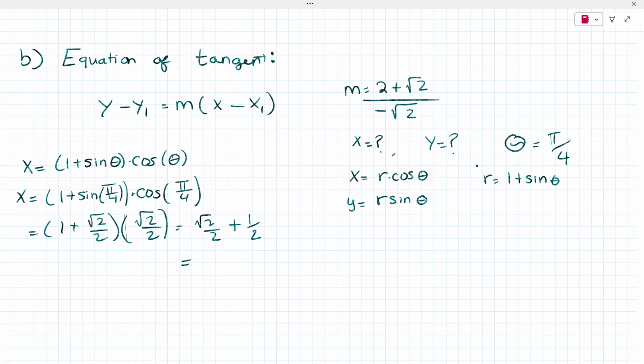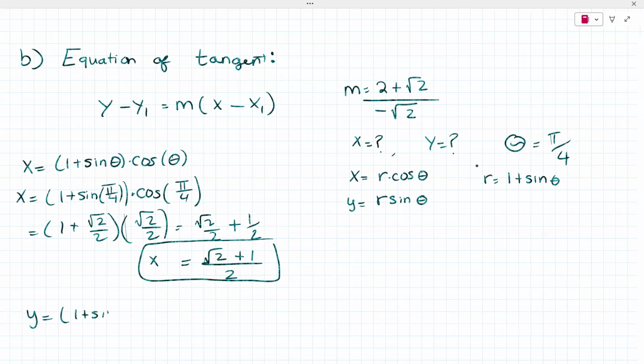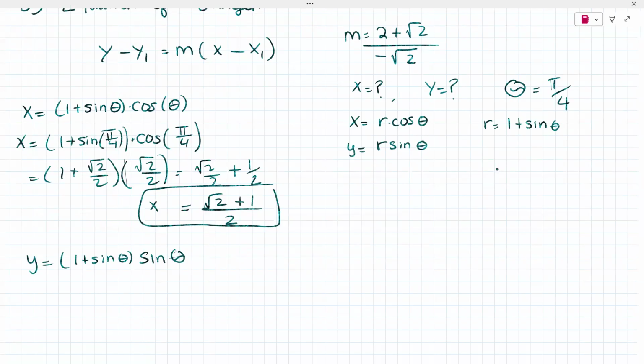I guess you can simplify that even more because the twos on the bottoms are the same, so it's going to be radical 2 plus 1 all over 2. Okay, so this is your x coordinate, and then let's find the y. So the y is r times sine theta. Our r is 1 plus sine theta times sine theta. And then replace theta with pi over 4.